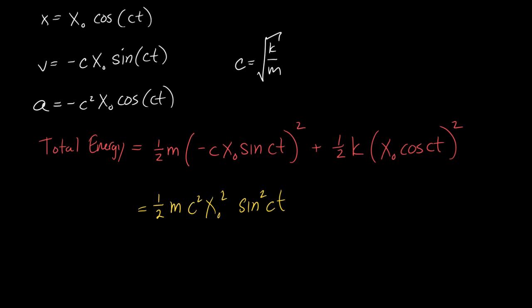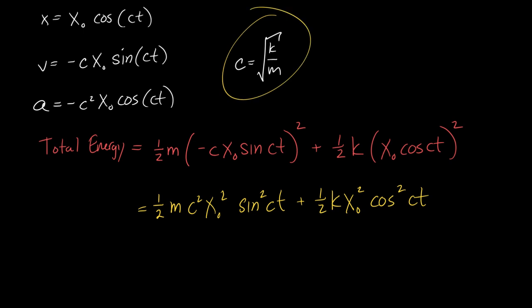Everybody okay with all that? You understand what the square on the sine looks like? This is going to be 1/2 k x naught squared cosine squared ct. It looks really messy, but remember, this is c.